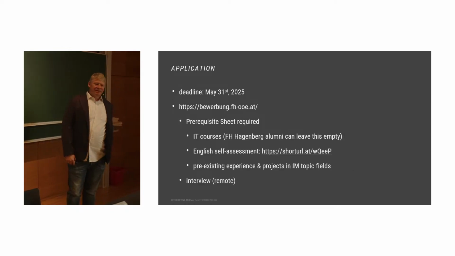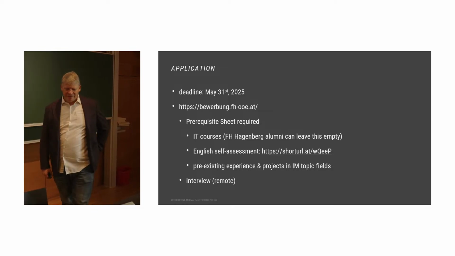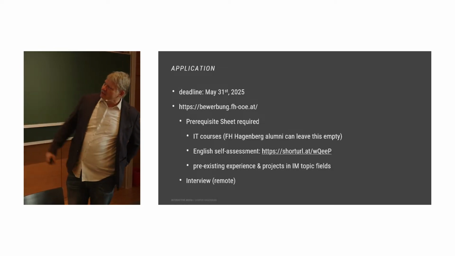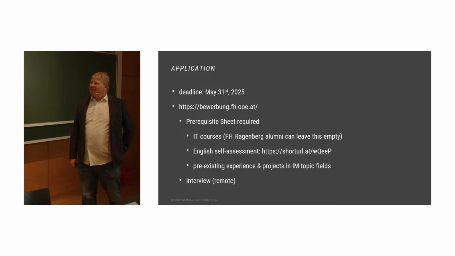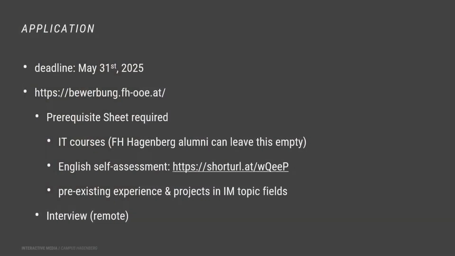Okay, so the details for the application: the deadline is May 31st. This would be the URL. We have a prerequisite sheet where you need to describe the courses that you already did. I told you about the 60 ECTS IT-related courses.